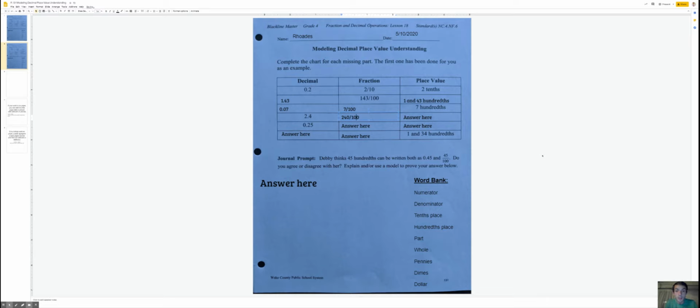You could also say 2 and 40 hundredths as the mixed number. But because the model had it in an improper fraction form, we'll keep it as that as well. It's very important to understand why this is 240 out of 100. Again, the 2 in the ones place with your decimal and the 4 in the tenths place.